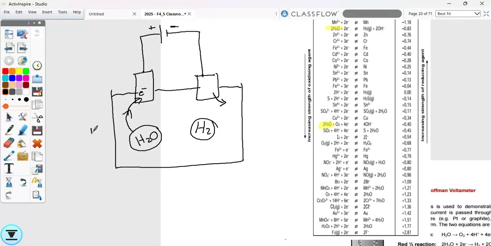So that is perfectly right. It is lost. So what you said originally was right. So oxidation is what's going to happen here, because the chemicals are losing electrons. On this side, the battery is going to give off electrons to my chemicals. My chemicals is going to gain electrons, so it is gain on this side, and that is reduction. Yes. Okay, so you can always sort it out like that.